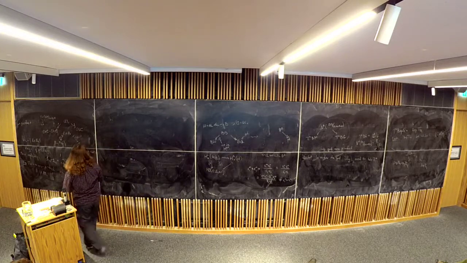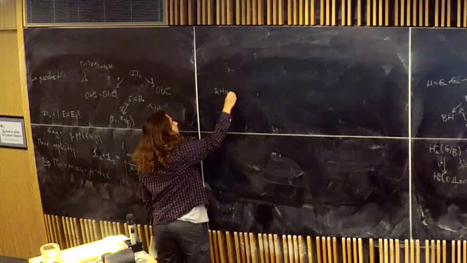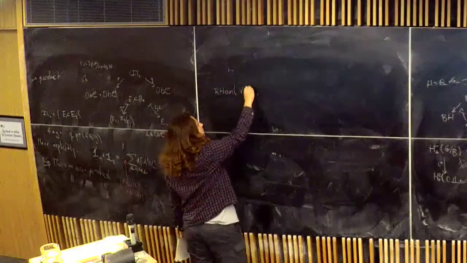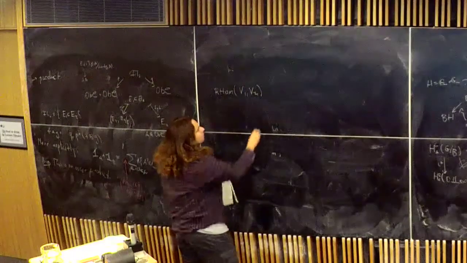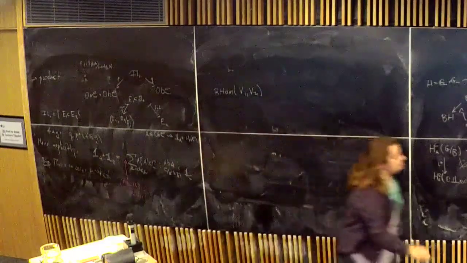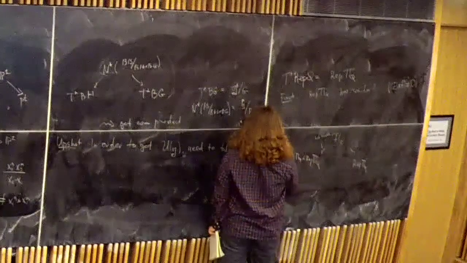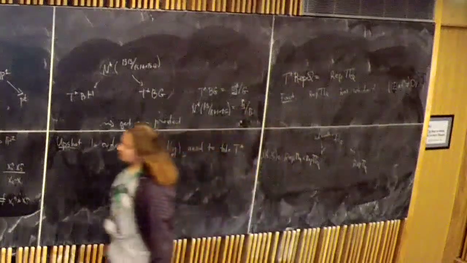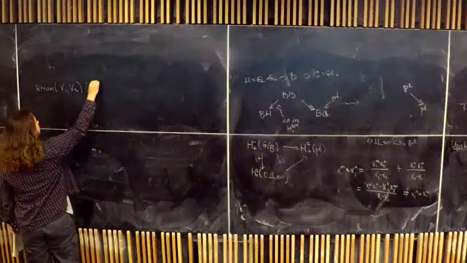So let us consider our Hom(E1, E2), where let's say we pick a couple of representations here and consider this complex, and let's shift it by one.